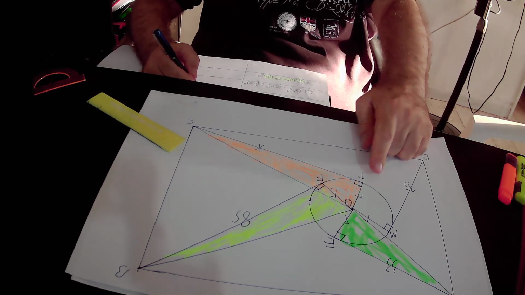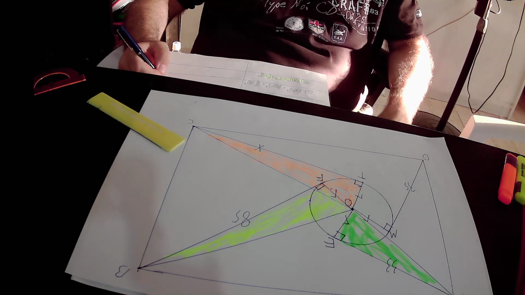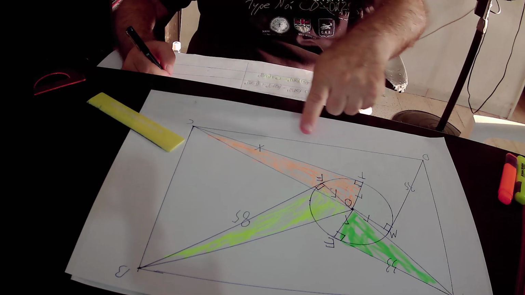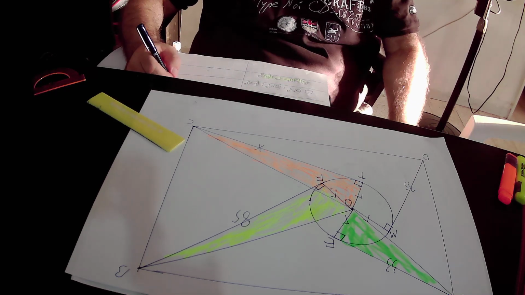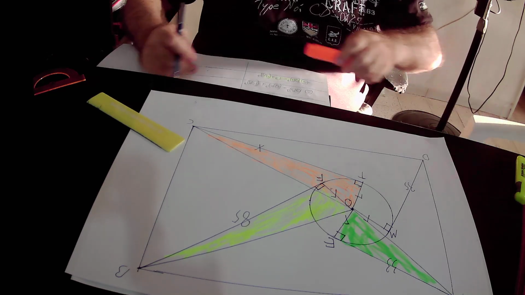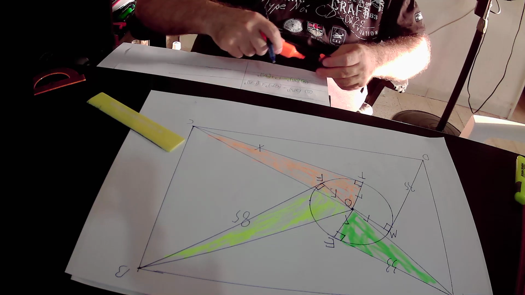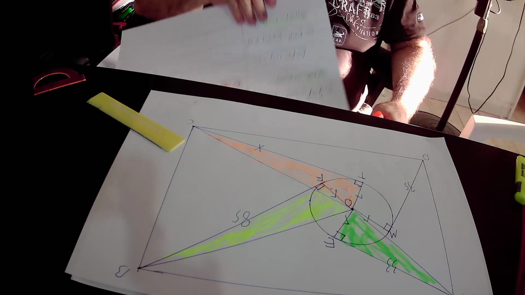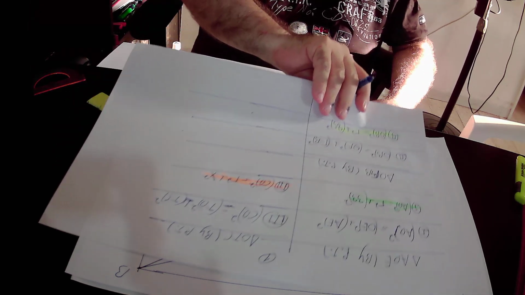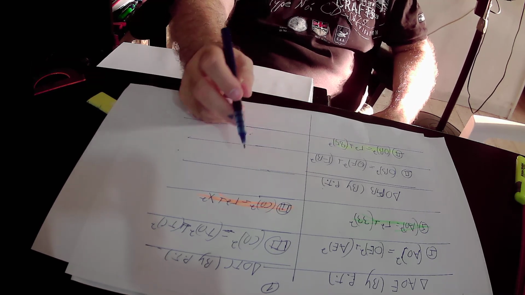TO is R, so TO squared is R squared, plus TC squared. TC equals X, therefore TC squared is X squared. So in conclusion, according to question number 3, we found out that CO squared equals R squared plus X squared.